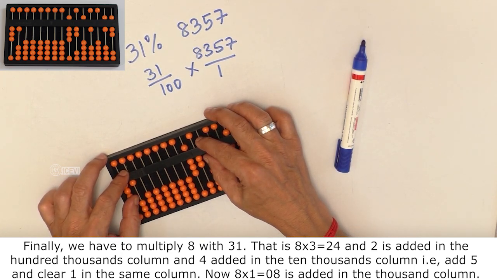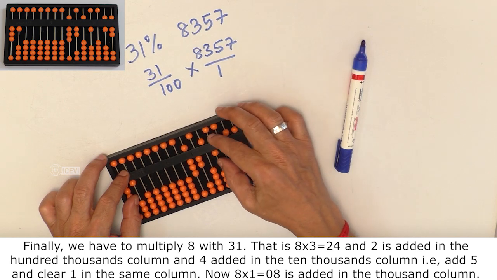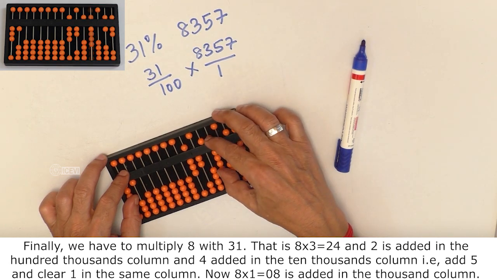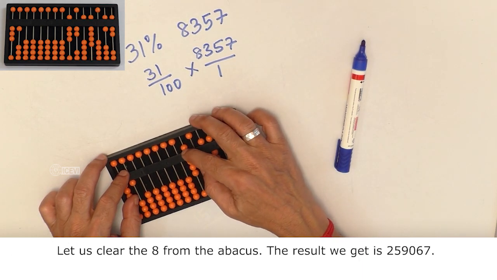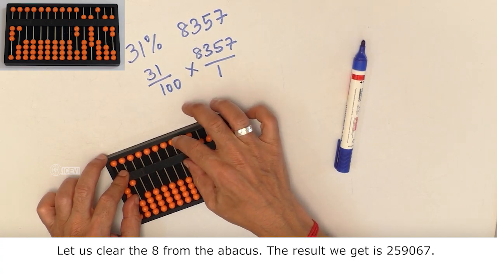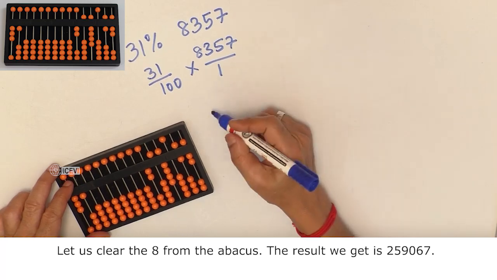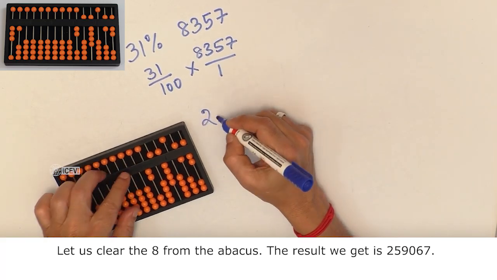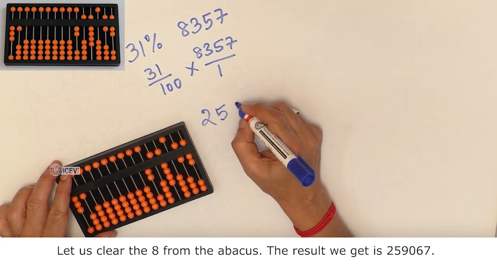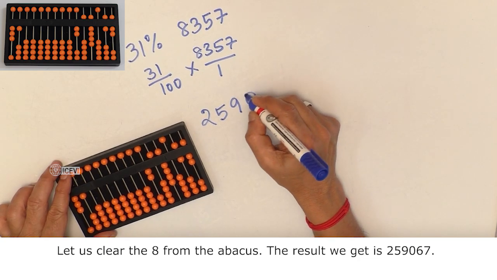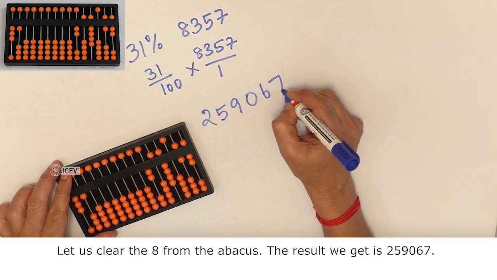So 0 is added in the 10,000s column and 8 in the thousands column. Now let us clear 8 from the abacus. The result we get here is 2, 5, 9, 0, 6, 7.